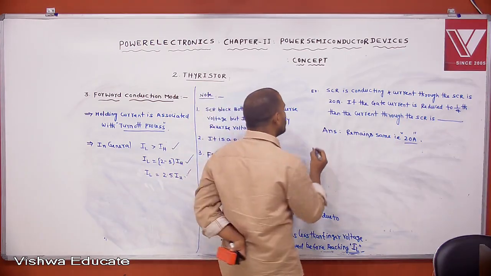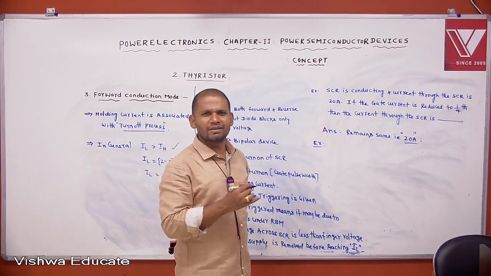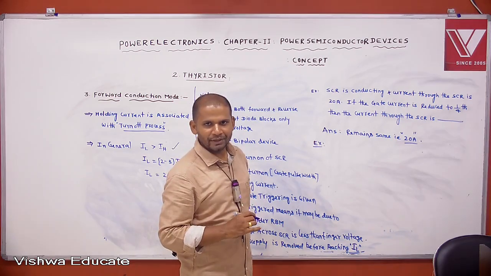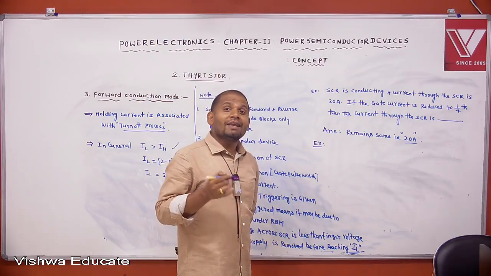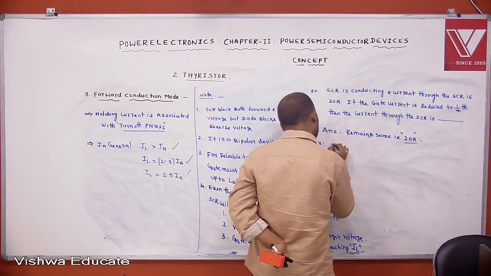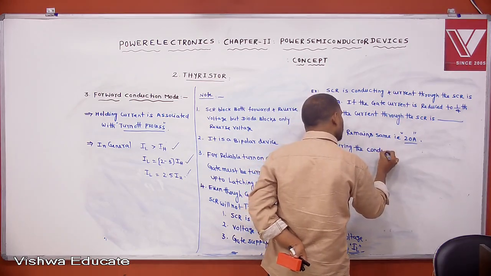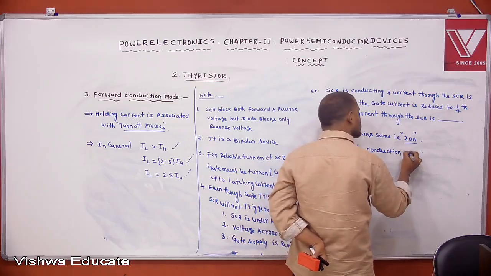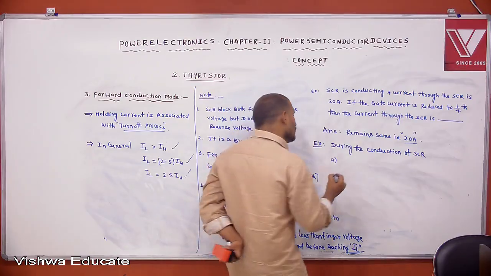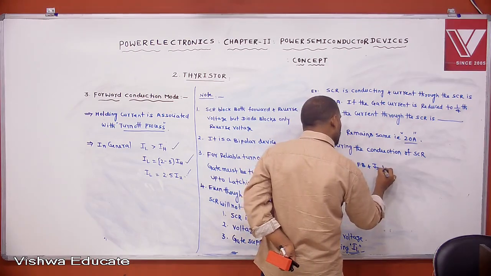Understood? For example, another question, if it is framed like this. This is just a theory question I am giving based on this concept. Concept oriented. During the conduction of SCR, option A: J1, J3 forward bias and J2 is reverse bias.